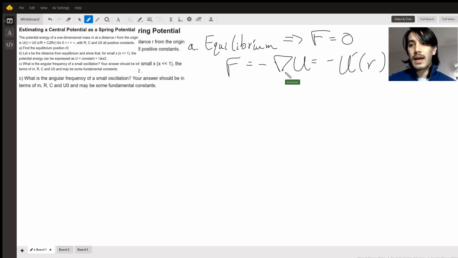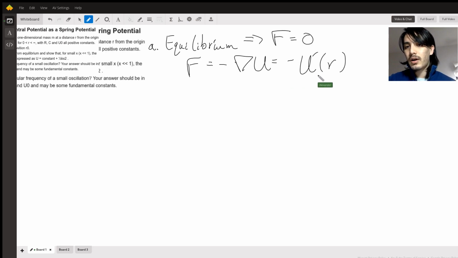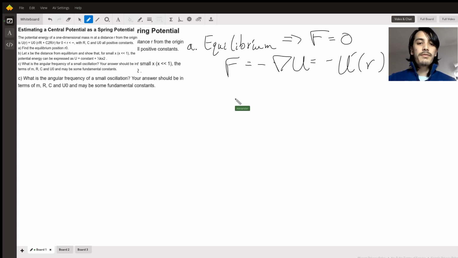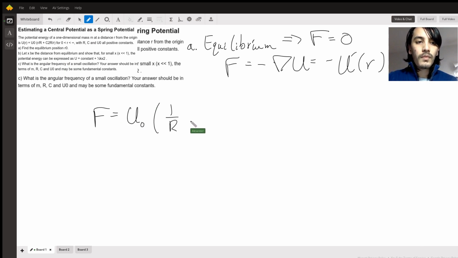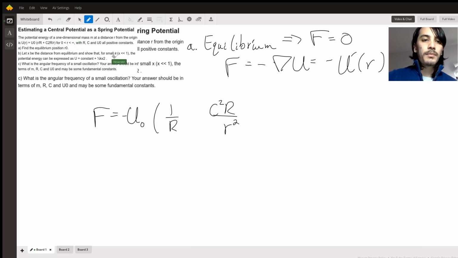And since this is a symmetric potential around R, this is going to end up just being negative the derivative of U with respect to r. So if we evaluate that, we get that our force is equal to U naught times the derivative of this, which is just 1 over R, and there's going to be a negative here, plus C squared r, and then this r to the negative first power becomes an r to the negative second, and it drops a negative 1 here.